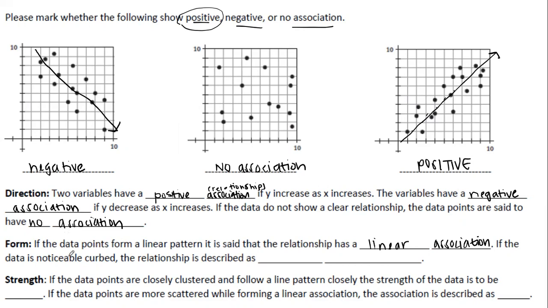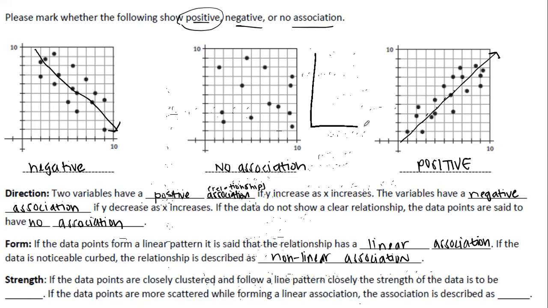If the data is noticeably curved, the relationship is described as non-linear association. So this would be a noticeable curve. So for example, if I had a graph and it looked like this, it is noticeably curved.